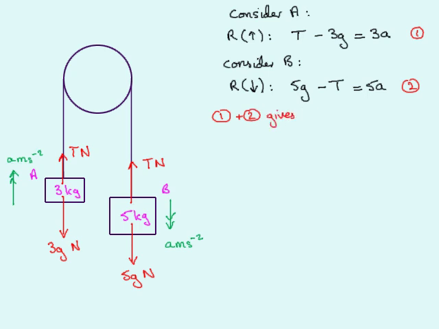Well, if we add them, as I said, the T added to minus T would cancel, and we would have 5g added to minus 3g, which would give 2g. So we'd have 2g equals 3a added to 5a, that's 8a. And if we rearrange this, we find that we have the acceleration equals 2g over 8, which reduces down to a quarter g, or g over 4, meters per second squared.